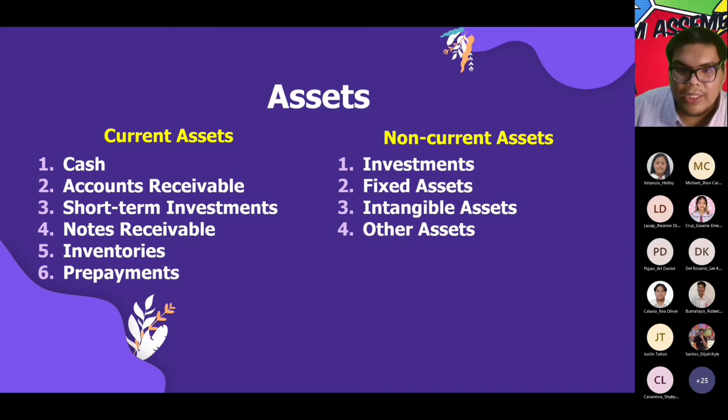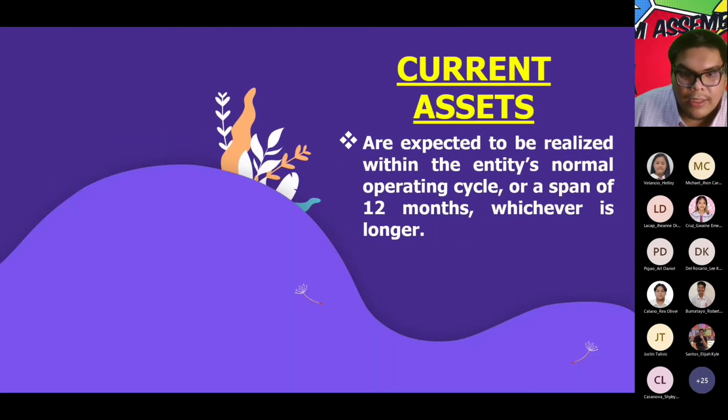So, let's first discuss current assets. As mentioned already, current assets are expected to be realized within the entity's normal operating cycle. That's what was missing in what I was looking for: the normal operating cycle. Usually it is a span of 12 months.